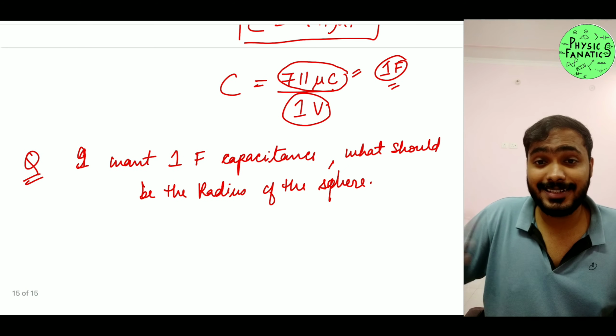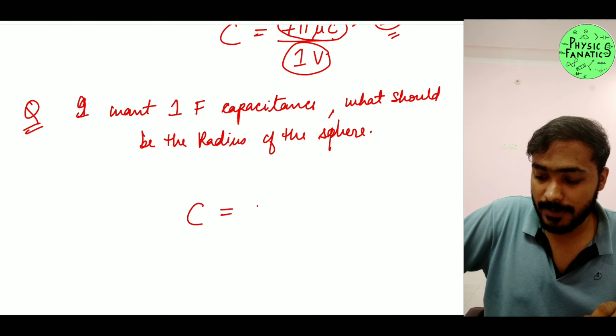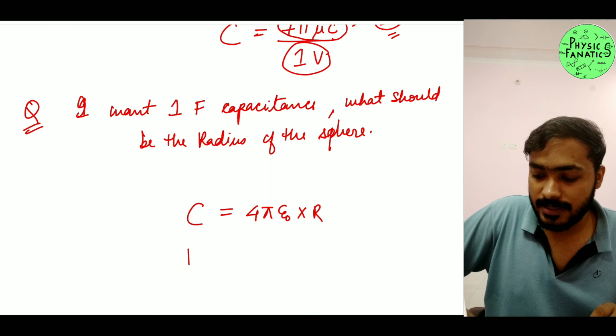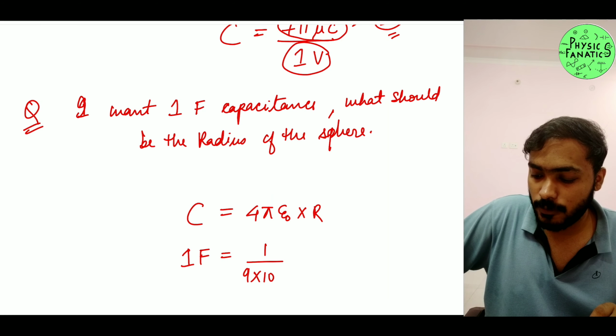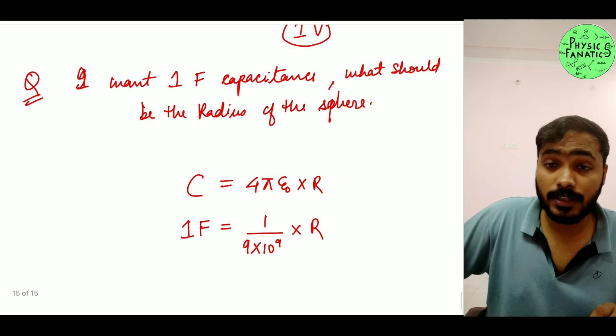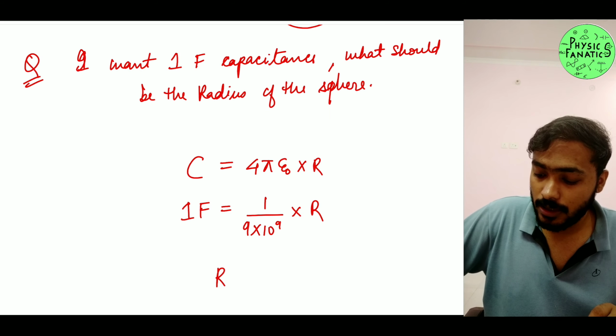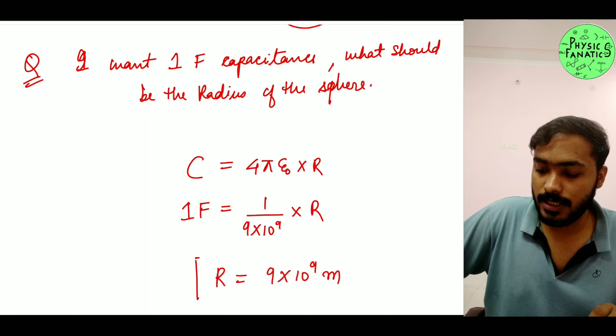Now this I can very nicely find out, because capacitance is given as 4 pi epsilon naught times r. Capacitance I have to write as 1 farad, and this is 1 upon 9 into 10 to the power 9, and I do not know the value of the radius, which I have to find out. The value of radius comes out to be 9 into 10 to the power 9 meter, right?